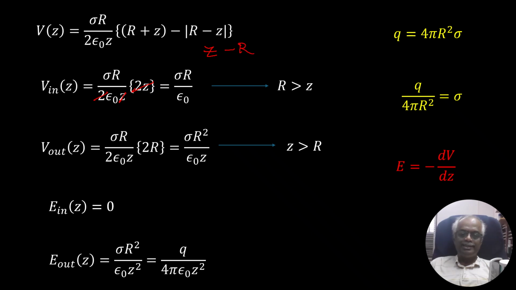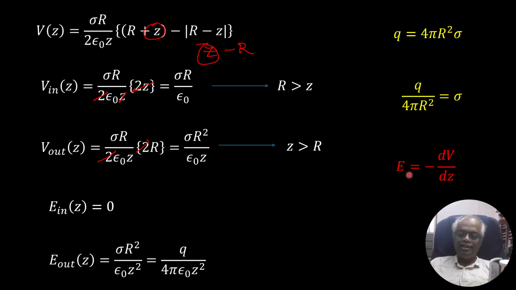So in this case, this z and this z will get cancelled. And you have r, minus r, that is minus r will become plus 2r. Now here this 2 and this 2 will get cancelled. You will get sigma r squared over epsilon naught z. It is for outside.